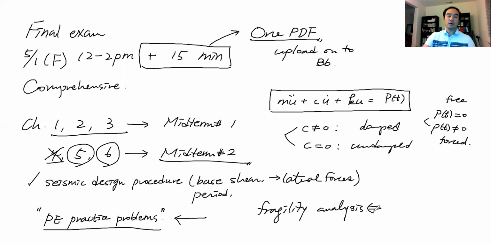And one more thing, I'm going to put it in my email, but I'm going to post this review session under the week 16 folder on Blackboard, and the exam will be available in that folder as well. And then there will be one more item, which is called the course outcome survey. You remember the syllabus, I listed all the goals that I'd like to fulfill throughout this semester, which are mapped into the civil engineering program outcomes.